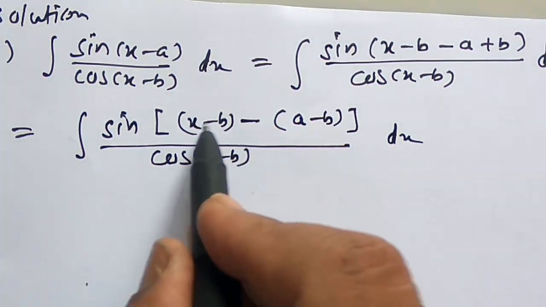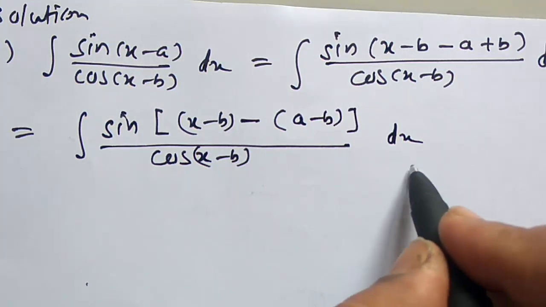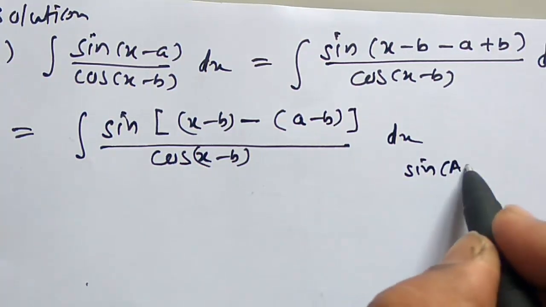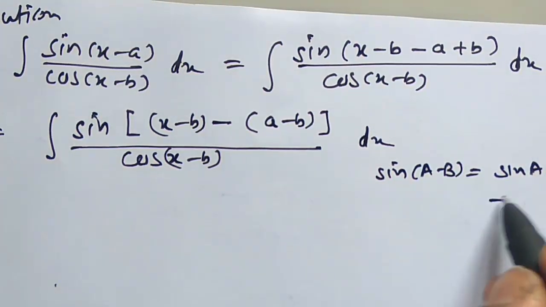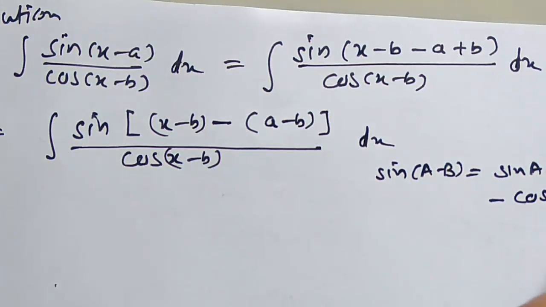We know that sine of (a minus b) is equal to sine a cos b minus cos a sin b.